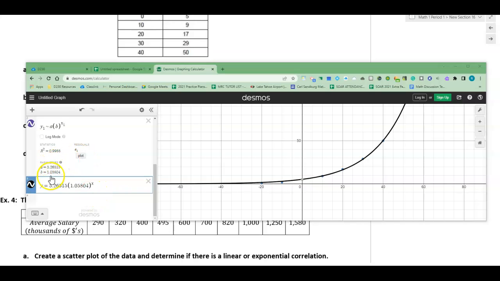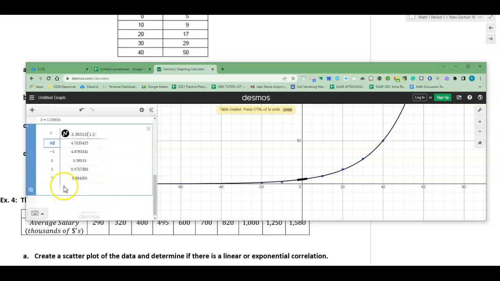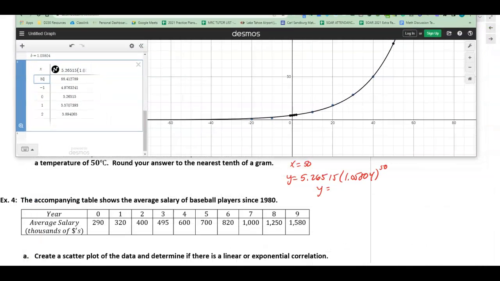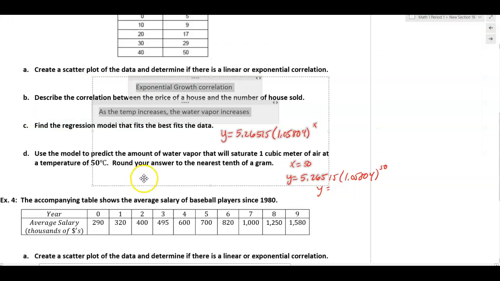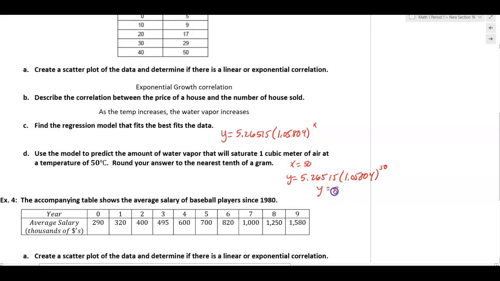Or I could take the values of a and b, plug the function in here, click on table, and for my x value just type in 50, and the y value would be what I'm looking for. So another benefit of using decimals is to figure this out. And I would say at 50 degrees Celsius, it would be approximately 88.4.